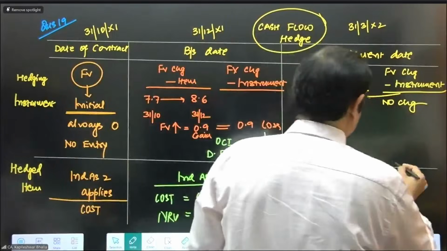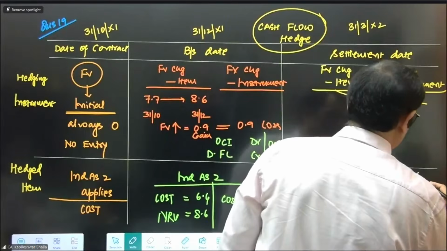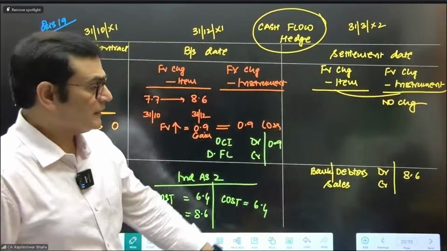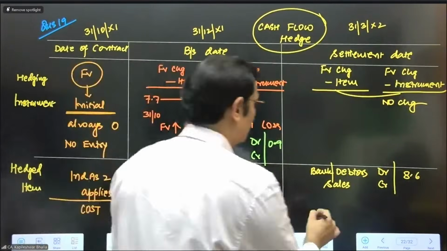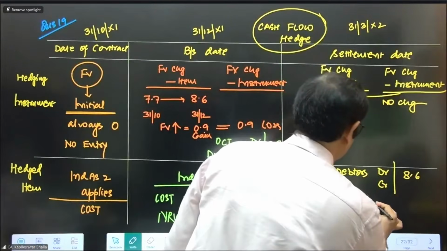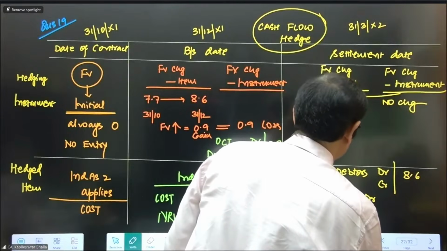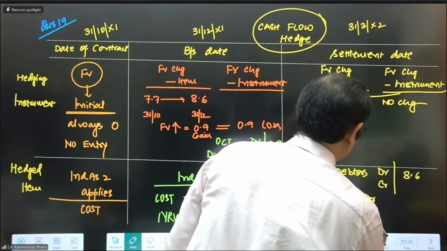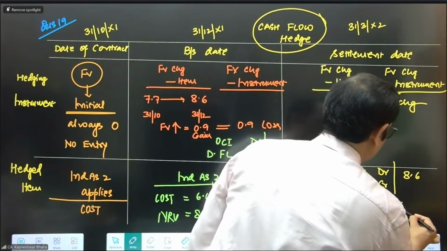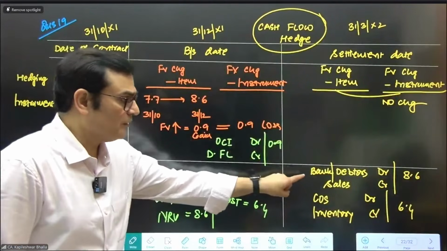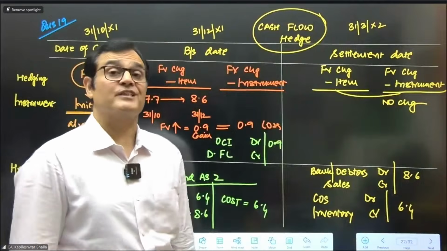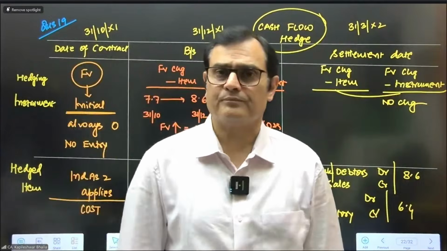The sale takes place at 8.6 million; the inventory of gold is sold at 8.6 million. We also capture the cost of sale: cost of sale gets a debit and inventory gets a credit, 6.4. This is the cost of goods sold.